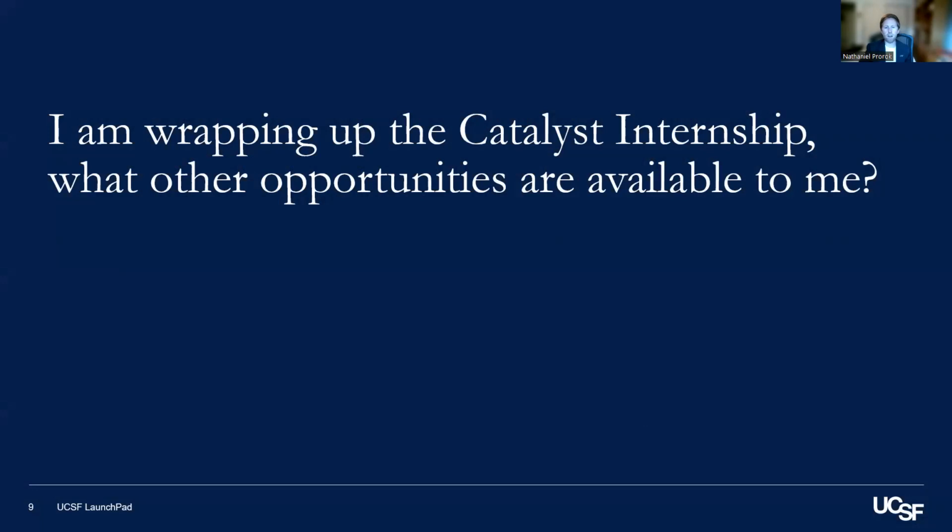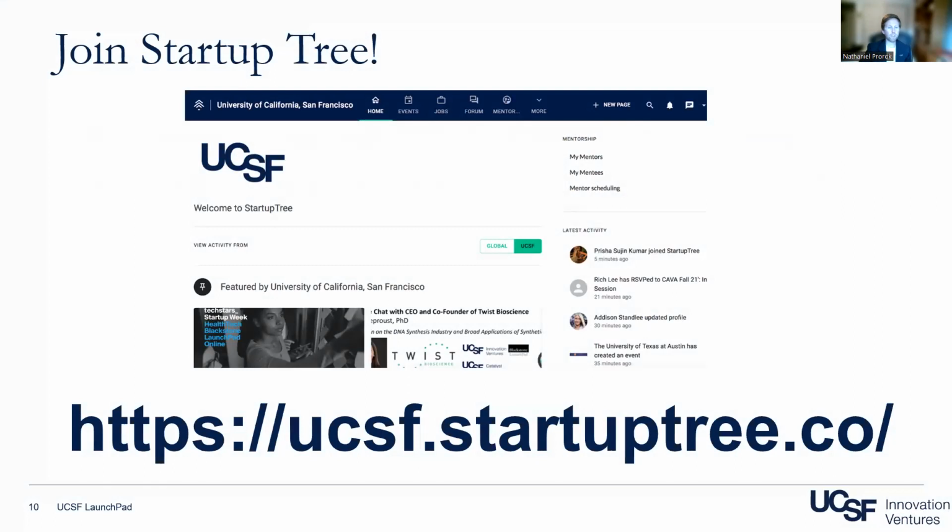So you may be thinking, now that you're wrapping up the Catalyst internship, what specific opportunities and resources are available to me. The first thing I would recommend is to become involved with the UCSF Startup Tree. This is the exact website that you used to apply for the Catalyst internship.